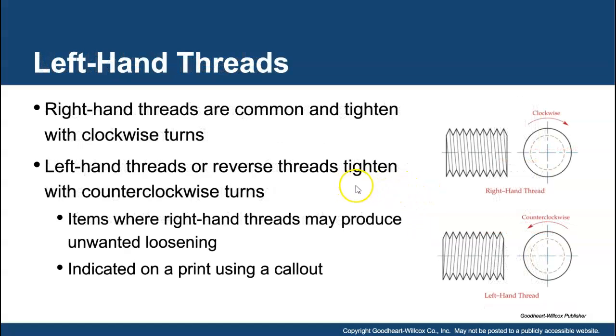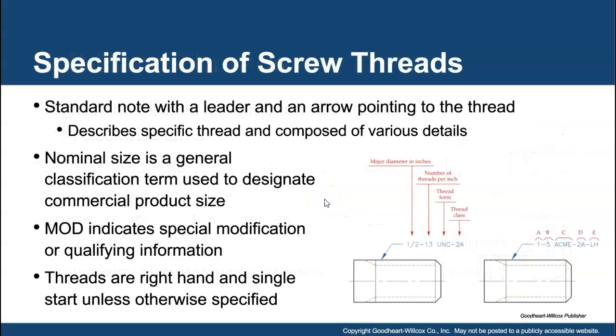We also have left-hand threads. We only call out the left-hand thread when it is a left-hand thread. Right-hand threads are basically left as is. We'll talk about that as we talk about the actual notes that are put on here. So let's take a look now at the notes. Major diameter in inches is shown first. Then we have the threads per inch, followed by the actual thread form, and then the thread class.